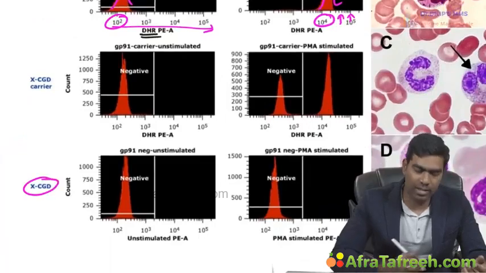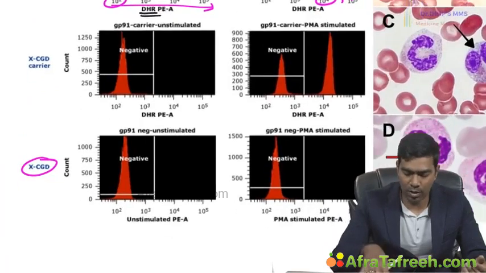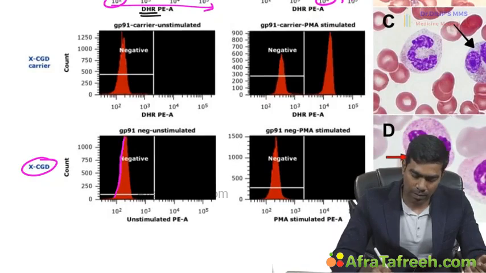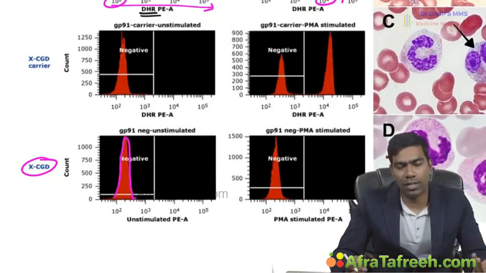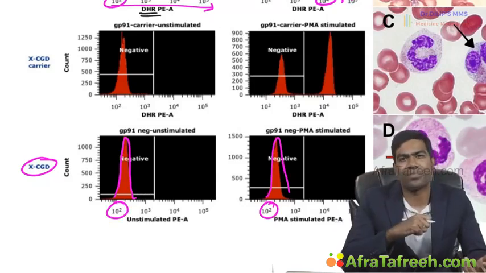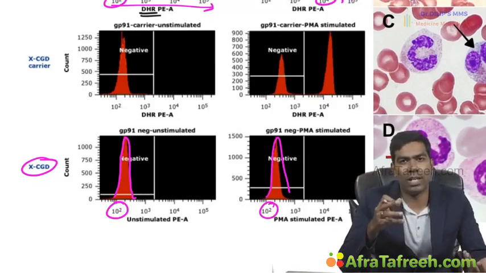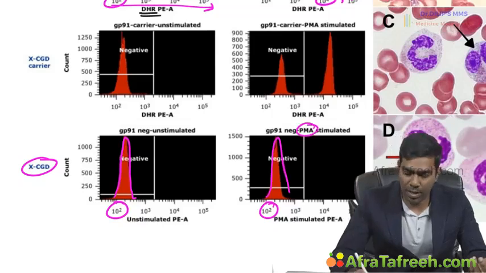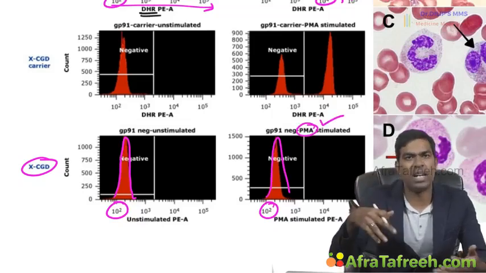And in X-linked chronic granulomatous disease, whether it is unstimulated or stimulated with PMA, you are going to see only low level of DHR fluorescence, which means after PMA uptake is there, but DHR fluorescence is not seen because you don't have NADPH oxidase in these patients.